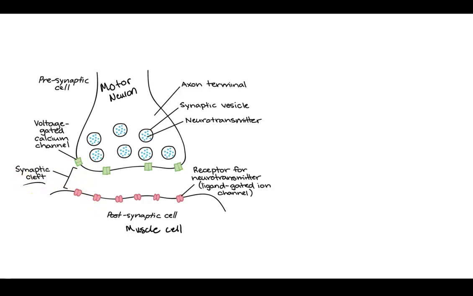And then there's a lot of channels that we need to talk about on this slide, and we'll bring them up as we get to them. So again, the first step of causing a muscle contraction is actually firing an action potential on the motor neuron. So this action potential will travel down the motor neuron and eventually reach the axon terminal, right? All of this is the axon terminal.